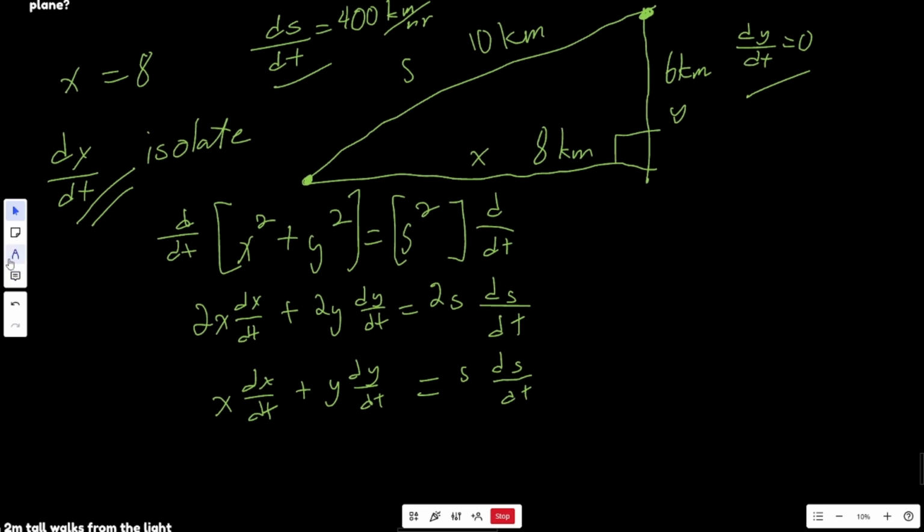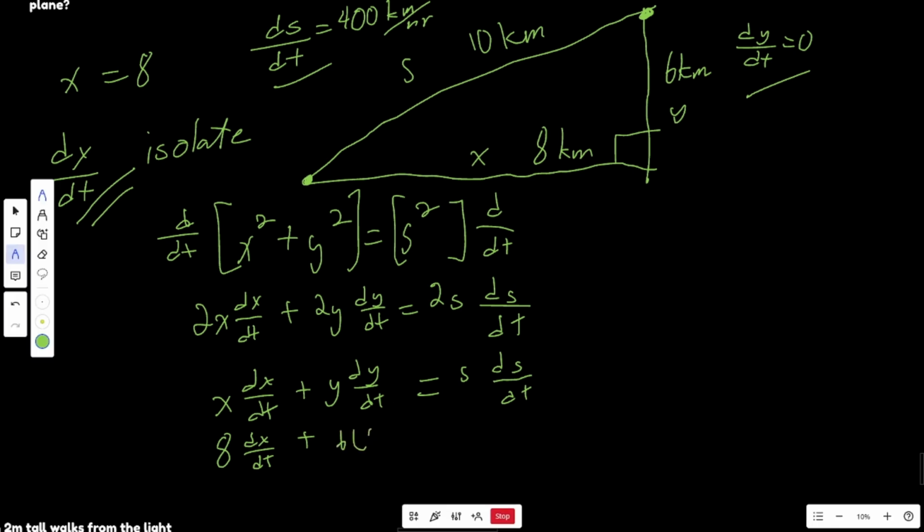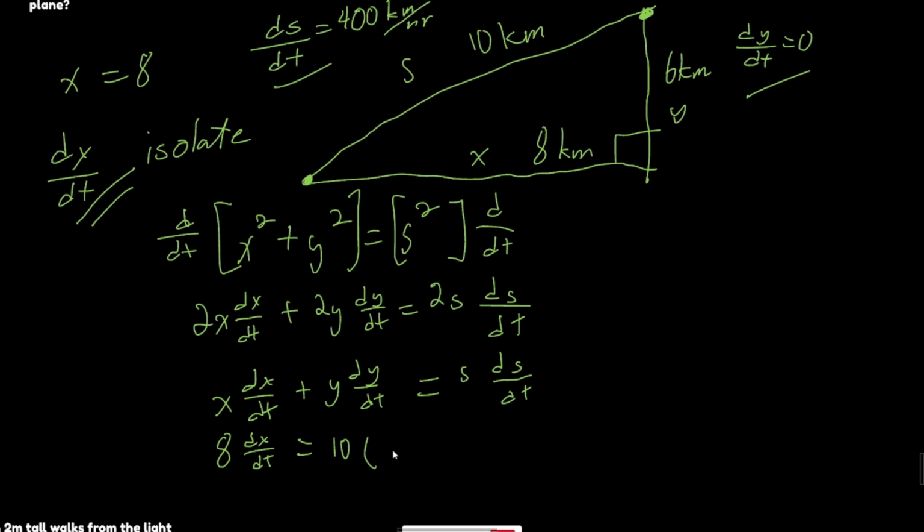We know that x is 8, and y is equal to 6, but dy dt is equal to 0, so that term becomes 0 and we remove it. So 8 dx dt is equal to s, which is 10, times the rate of change of s, which is given as 400 kilometers per hour. Now it's going to the left, so we're going to make it negative.